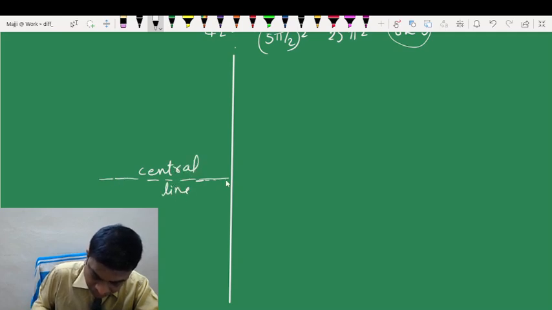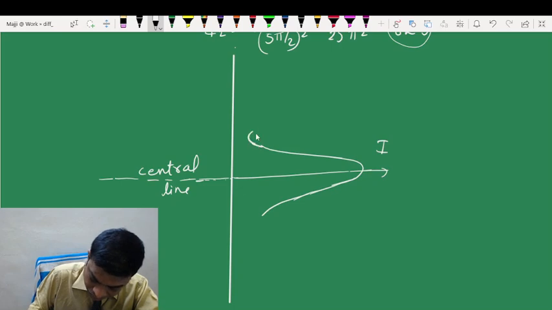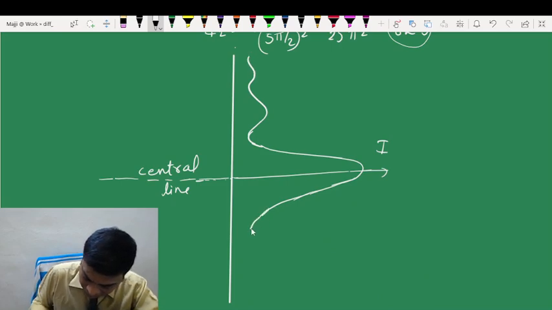I am not showing the slit and all. So if this is the intensity corresponding to the central maximum, then the intensities corresponding to the different maxima will be like this.